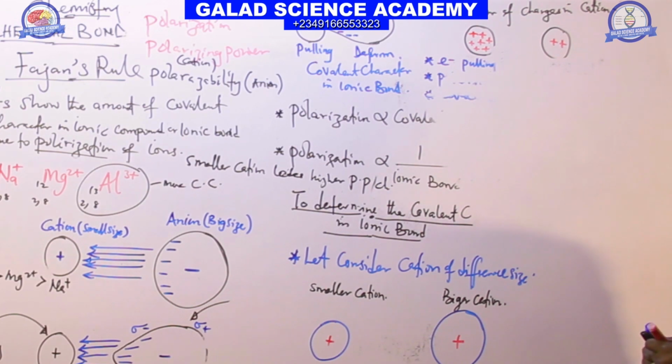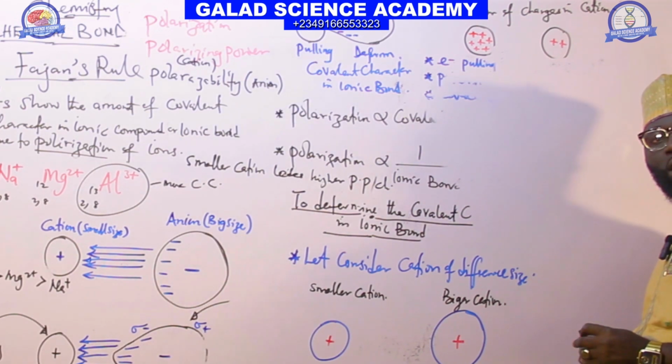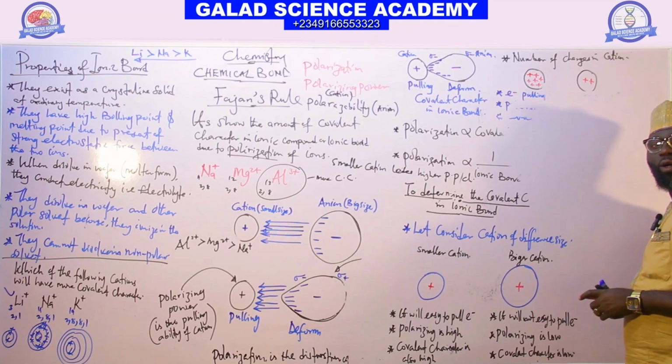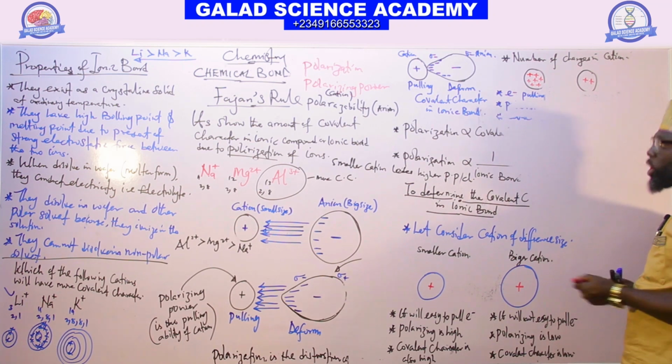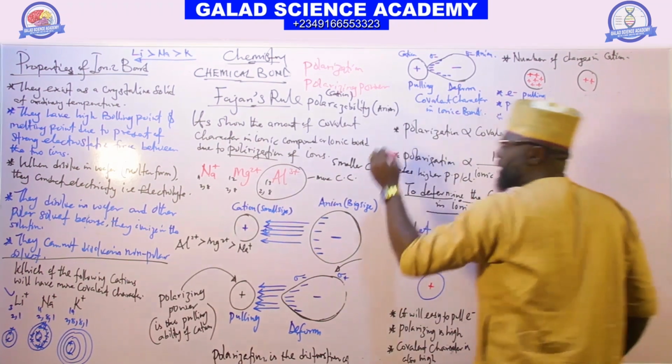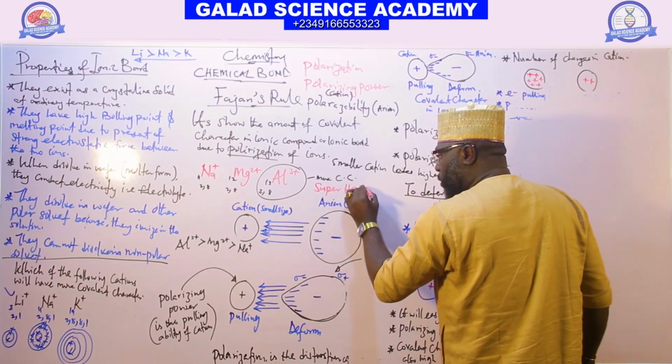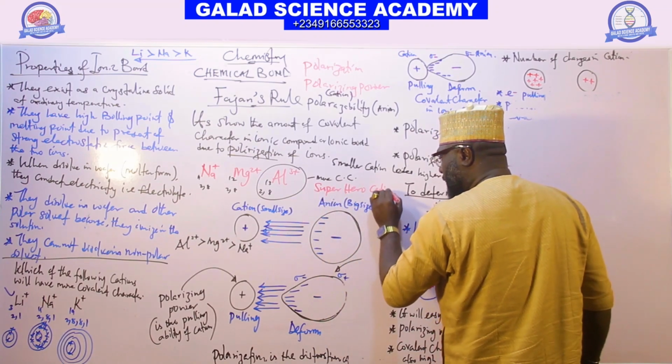We have what we call the pseudo electronic configuration cation, or superhero cation. Let me write it somewhere here. Super cation.